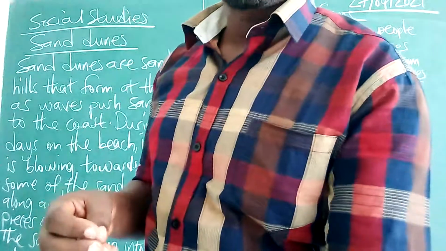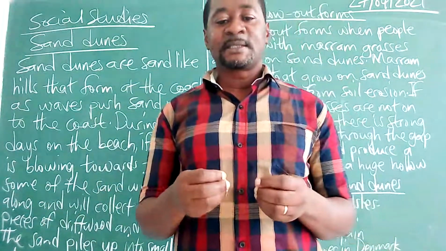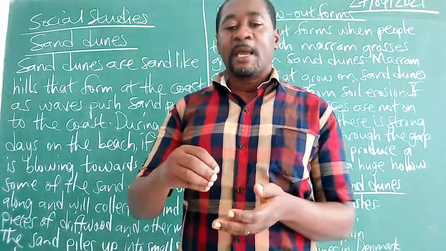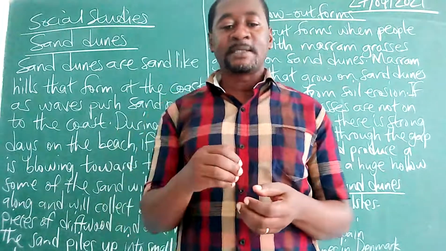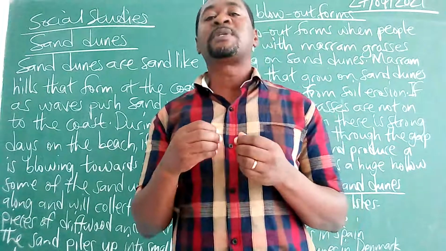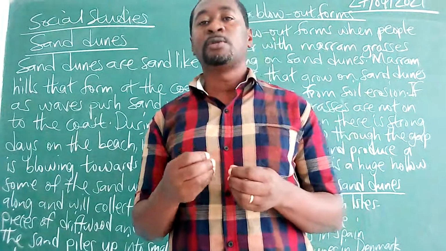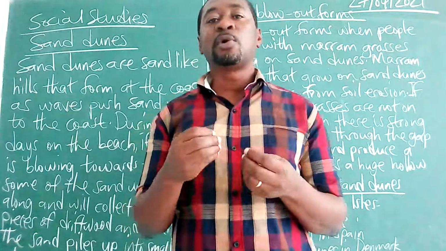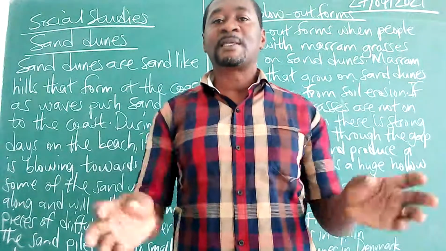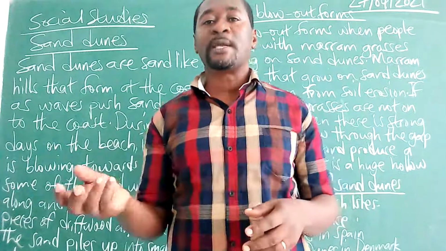When it does that, there will be a gap in the plant cover and it produces a blowout. A blowout is a huge hollow in the dunes. It will take all the sand at that place and it will be blown away.